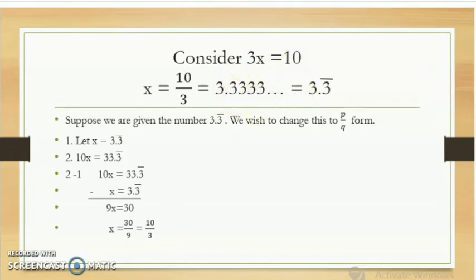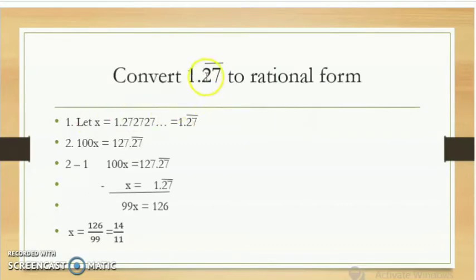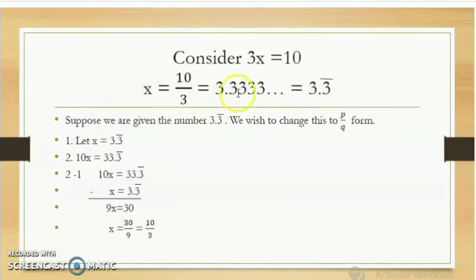So now let us look at another example. Let's see, 1.27 repeating. Now we have two digits repeating. Therefore we multiply by 100. In the first case we had only one repeating digit, so it was enough for us to take 10x.